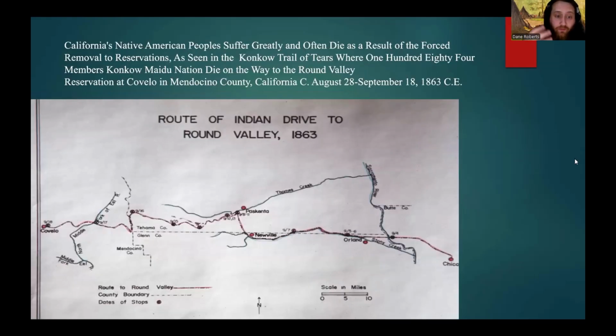During this, California's Native American peoples would suffer greatly and often die as a result of these forced removals to reservations, as seen in the Concow Trail of Tears, where 184 members of the Concow Nation would die on the way to the Round Valley Reservation at Covelo in Mendocino County, California. With the Concow Trail of Tears occurring between August 28th and September 18th of 1863 CE.